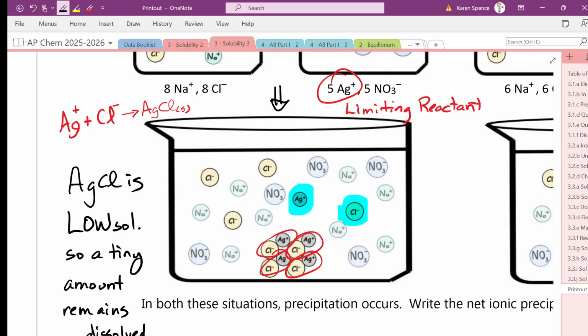I would have to draw millions and millions of particles, and have like one sitting there. Oh, I'm dissolved, right? So I've only drawn 8. The proportions here are ridiculous. But there's our thing. Some of the chloride is still floating around, but you'll notice I have more chlorides than I do silvers. Yes? Yes.